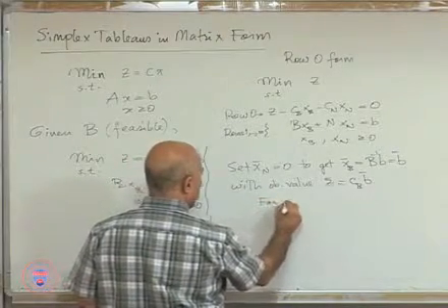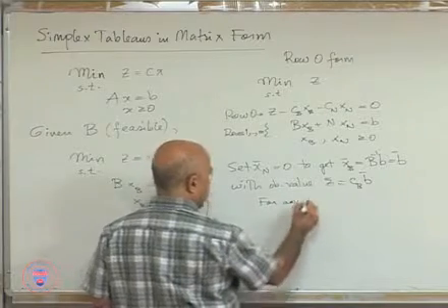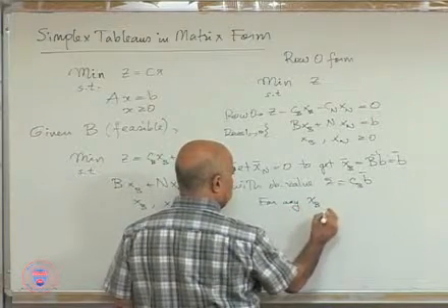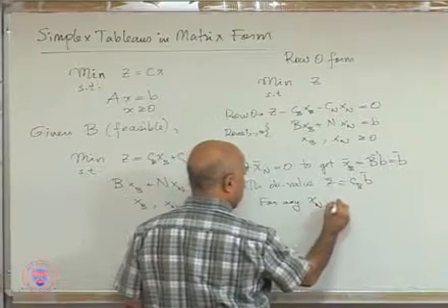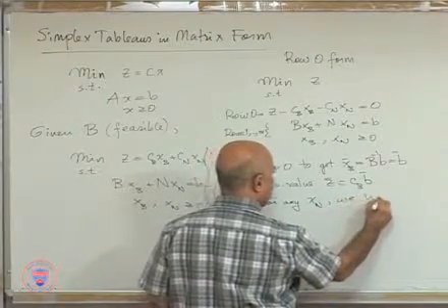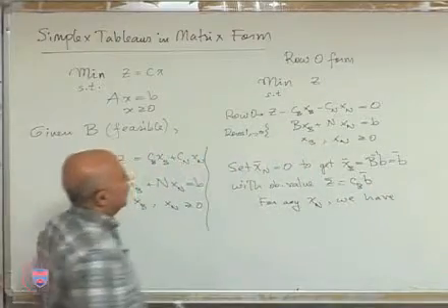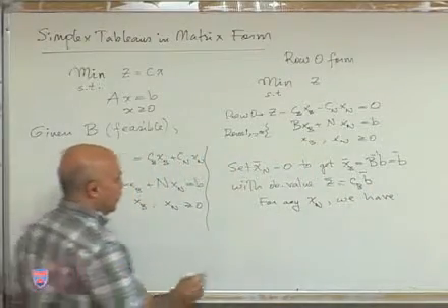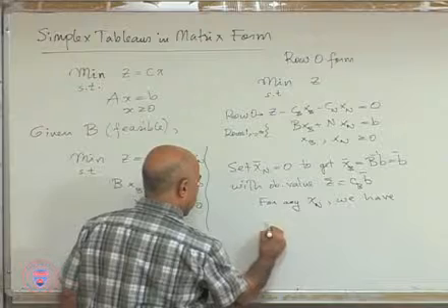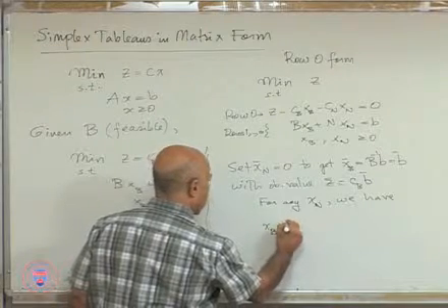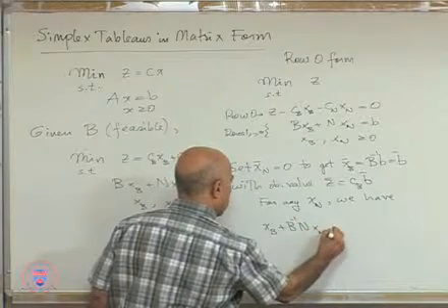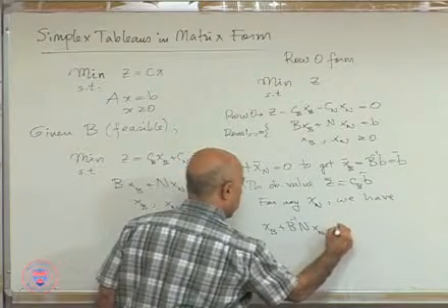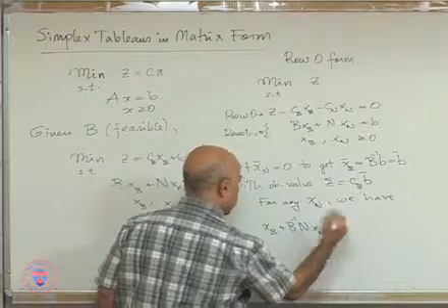For any xB, for any xN, we have from B xB plus N xN equals b, xB plus B inverse times N xN equals b bar.